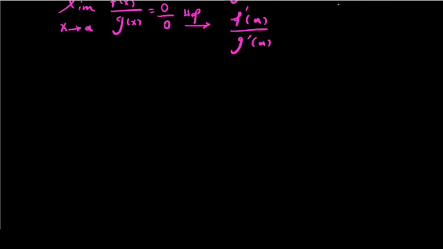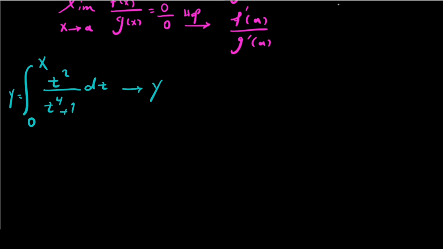Let me write it again for you. The integral was from 0 to x of t squared divided by t to the power of 4 plus 1 dt. Let me call it y.